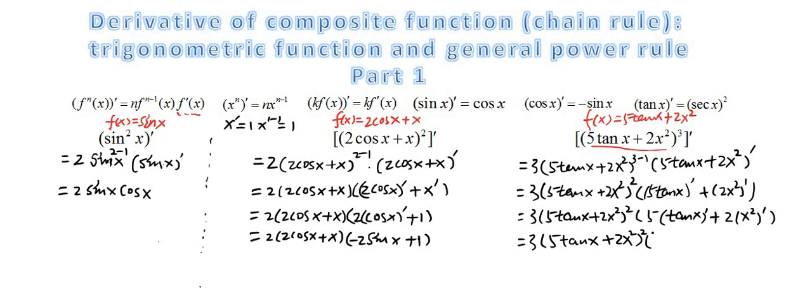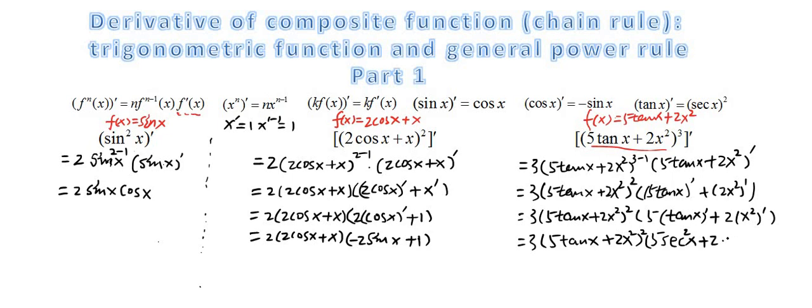So we have 5 times secant x squared, and here we have (x squared) prime. That means we can apply the standard power rule. Okay, standard power rule.